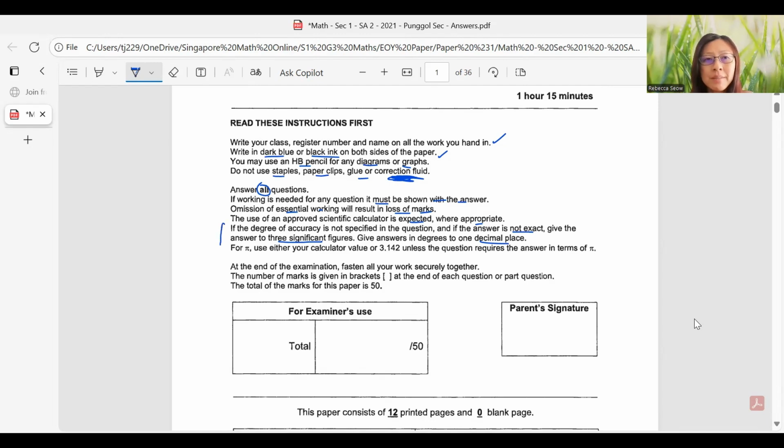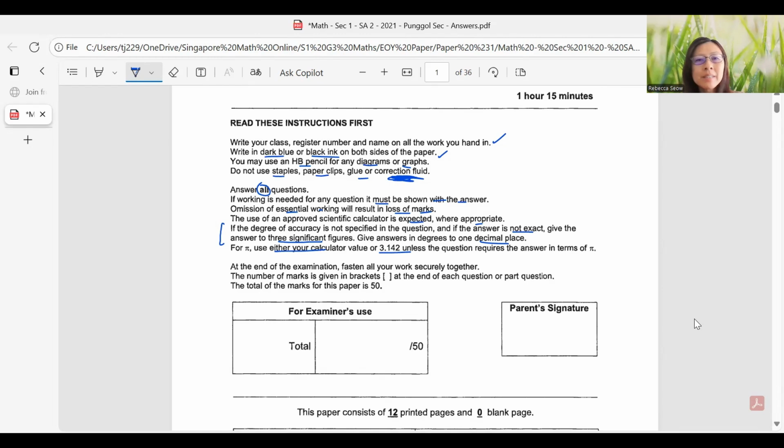This is very important because when answers are recurring, when answers are non-terminating, you need to know what rounding your child needs to present the answers in. Okay, and for pi, either use your calculator value or 3.142 unless the question requires the answer in terms of pi. Okay, so it really depends on how the question is being phrased.